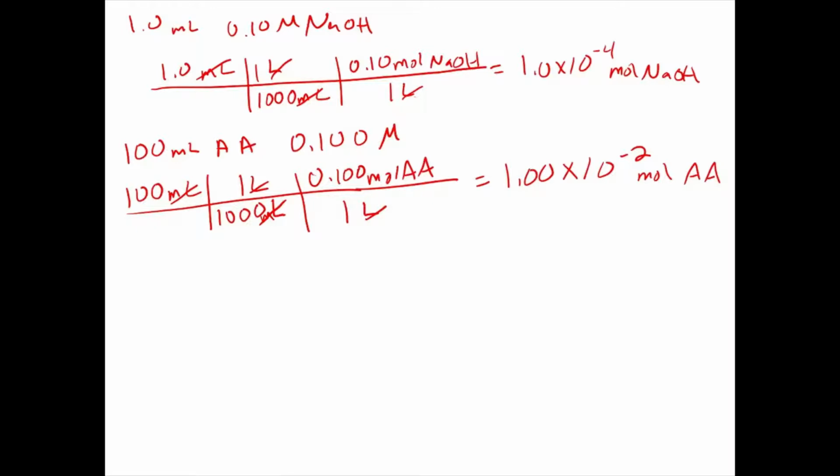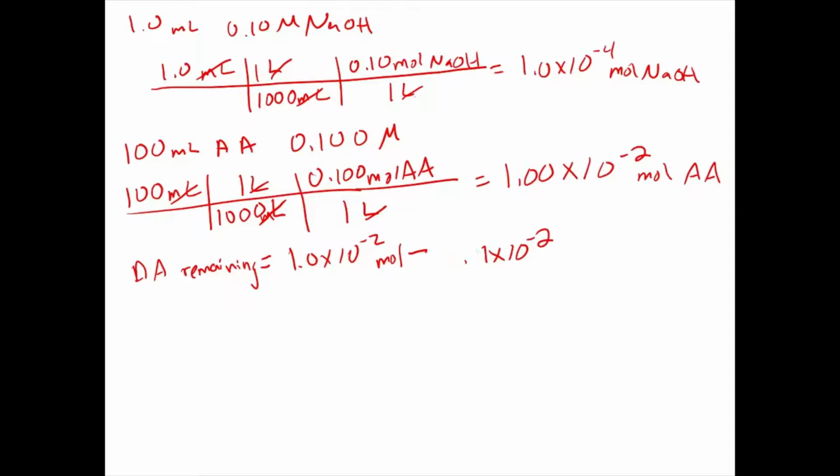We know that the amount of acetic acid remaining is going to be 1.00 times 10 to the negative 2 moles, which is what we just calculated, minus 1.0 times 10 to the negative fourth.